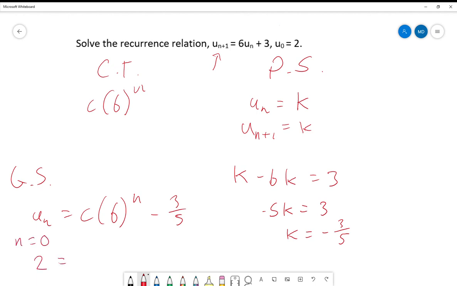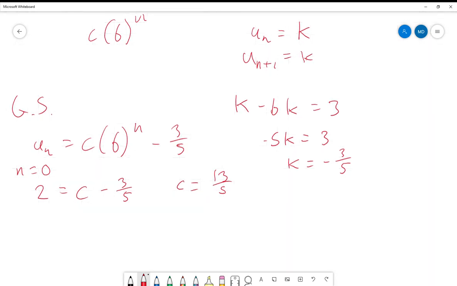So 2 is equal to, 6 to the power of 0 is 1, c minus 3 over 5, and that means that c is equal to 13/5. And so we get our general solution of un is equal to 13/5 times by 6 to the n minus 3/5.